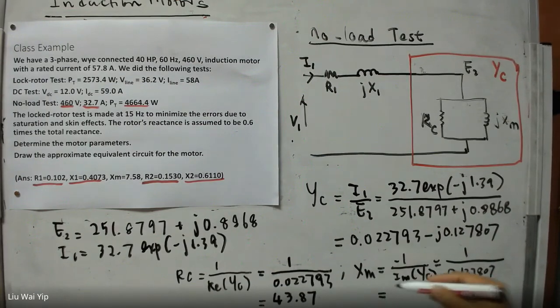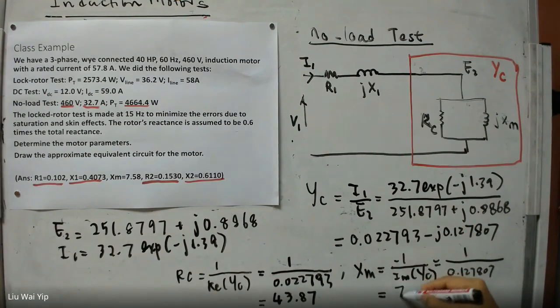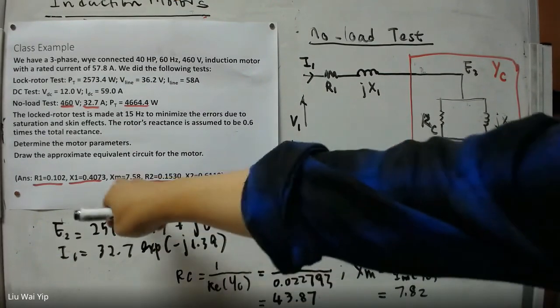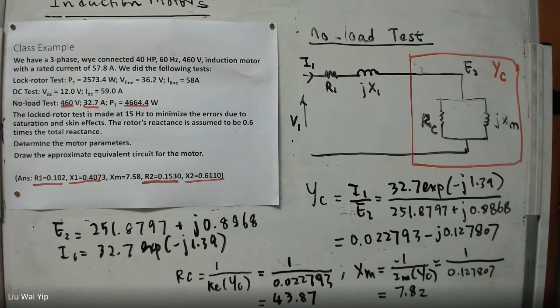According to my calculations, the value here is 11.82. So the answer is somewhat slightly different from this value. Maybe the way of solving the problem is different, so I don't care much.